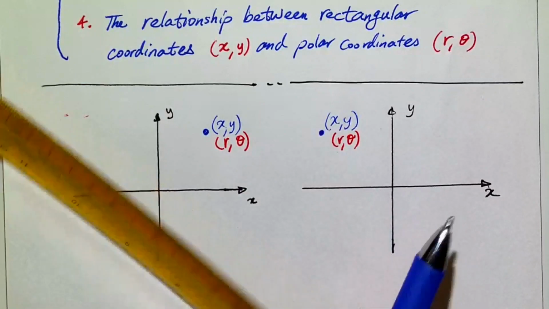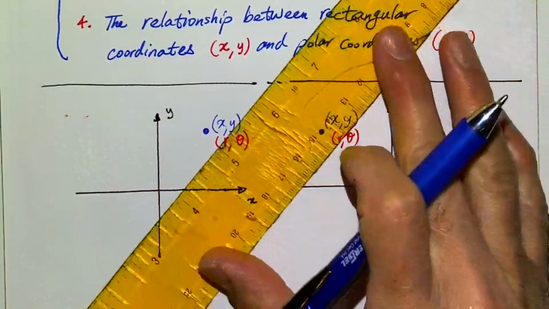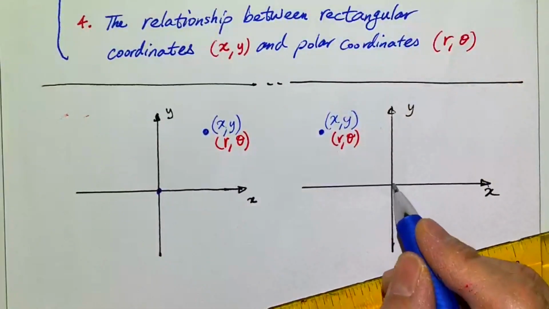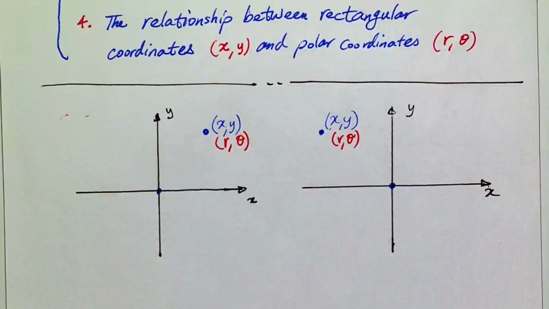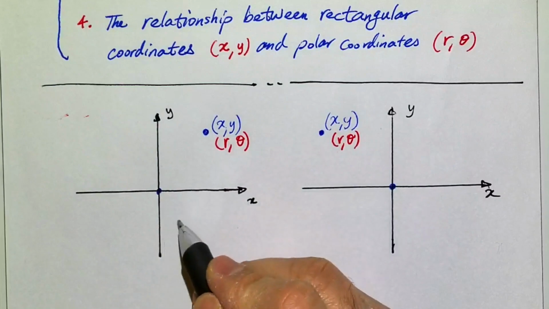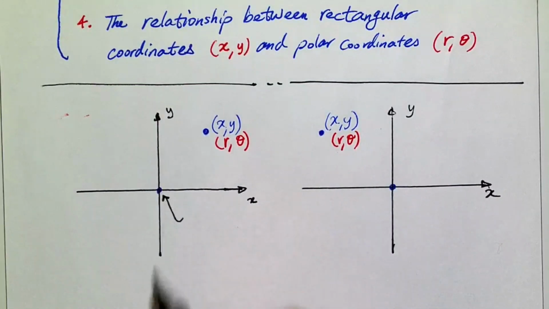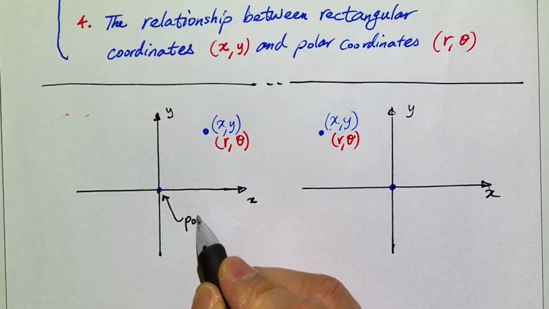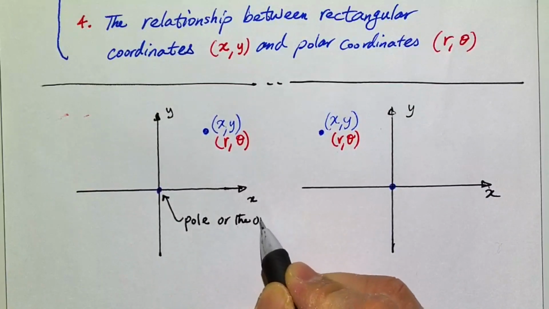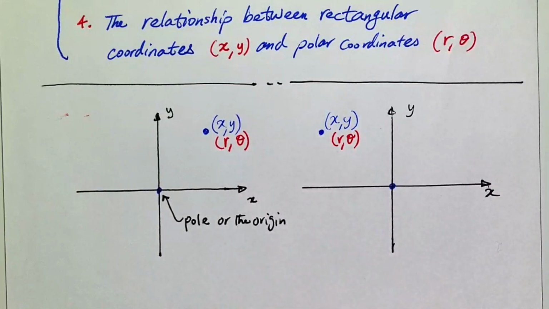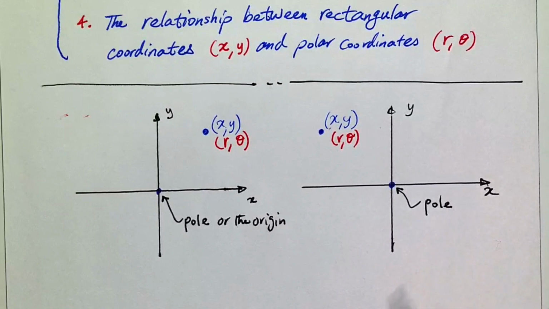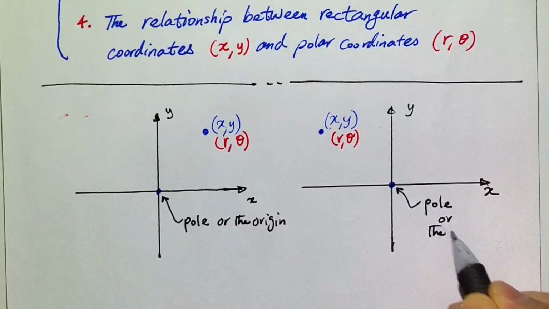Well, if we connect a line from the origin, by the way, let me also label this. In the polar coordinate system, this point, which we knew up to now as the origin, is called the pole. And also here, let me refer to that as the pole or the origin.